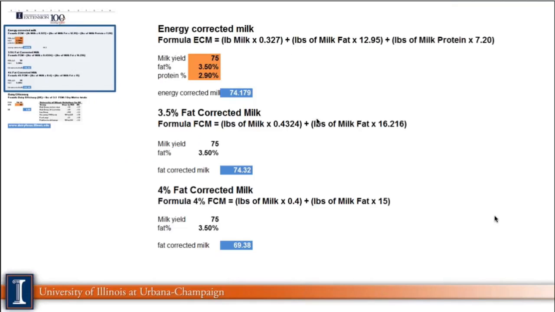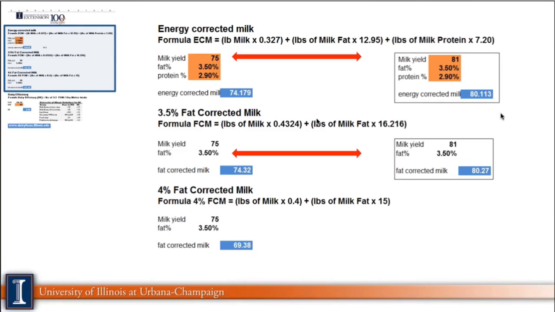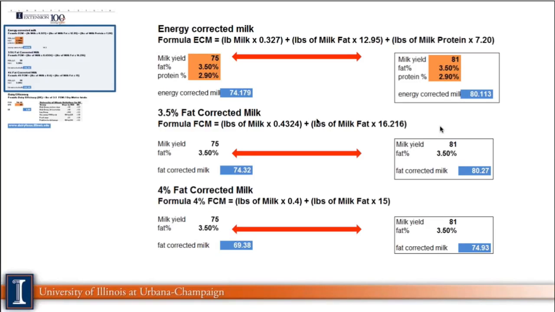The second part I'm doing is just calculating for you all those types of milk that I've mentioned, energy corrected milk, okay? She's going to be producing more energy corrected milk because pretty much she's producing more milk. The solids we kept the same, but we can play with all those numbers. Remember, orange squares, you can type everything. So this is how it changes your 3.5 energy corrected milk, where I'm accounting for protein here, milk protein, and all your fats, 3.5 or 4% fat.